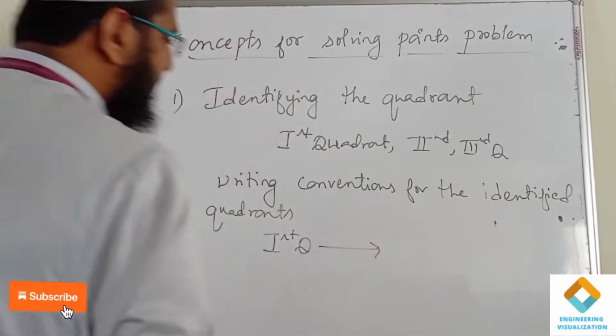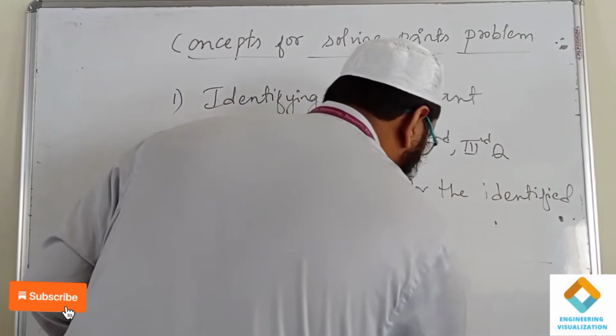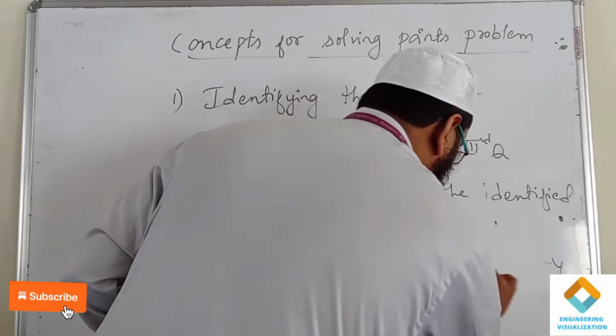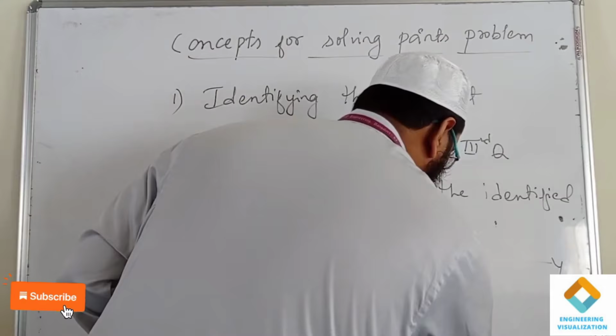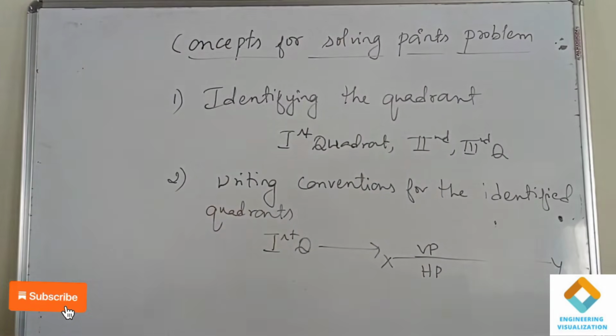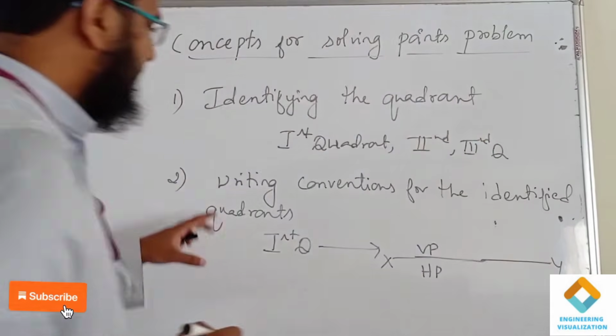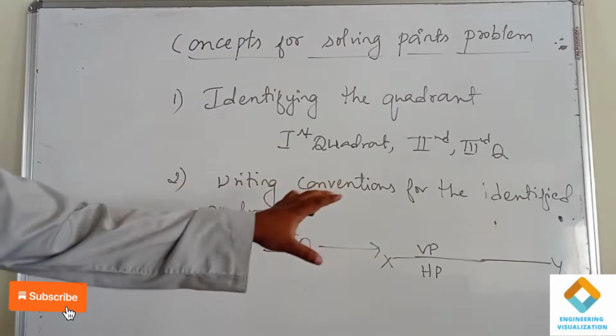What is the convention for the first quadrant? We need to write it by means of XY with the VP and HP. So this is the convention for the first quadrant. We need to write it in terms of orthographic views. That's what writing the conventions for the identified quadrant means.